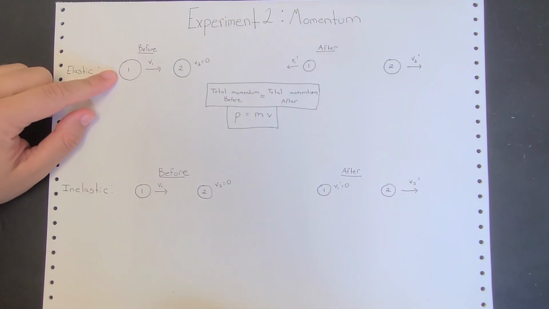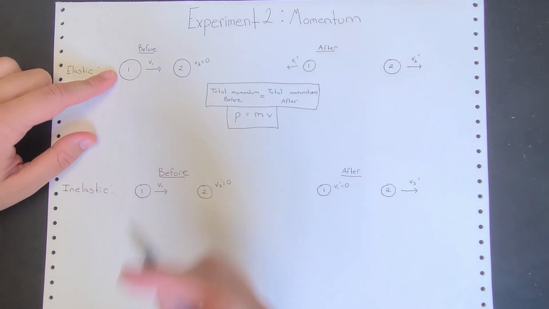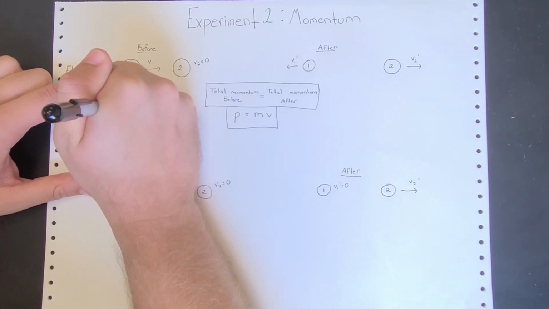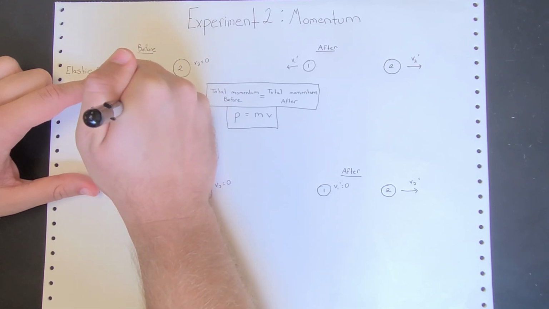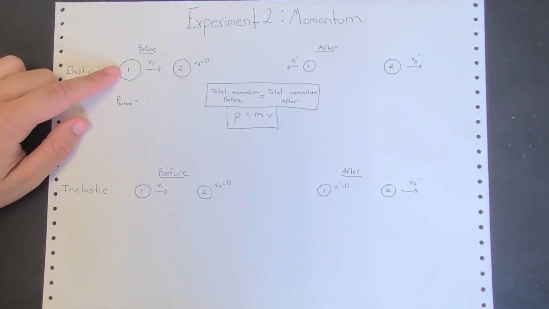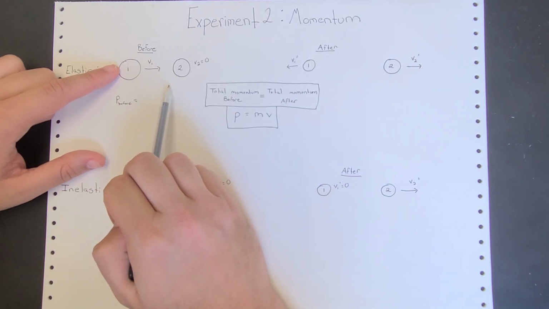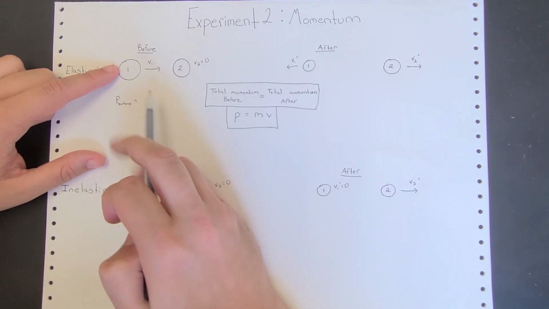The total momentum of our system before the collision we can write as momentum before, and it's going to be the sum of the momentum of object 1. We'll say that both of these objects have the same mass m.